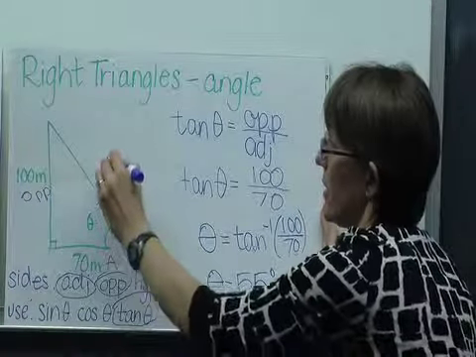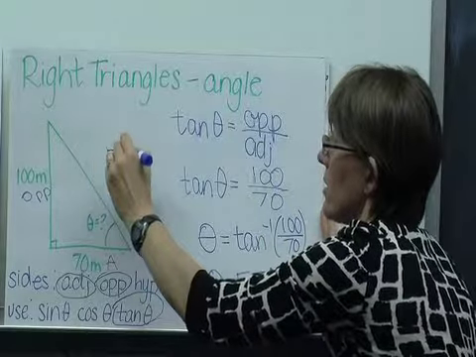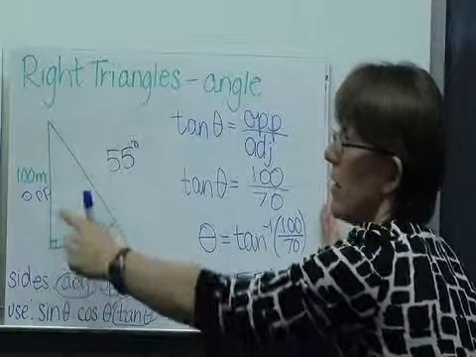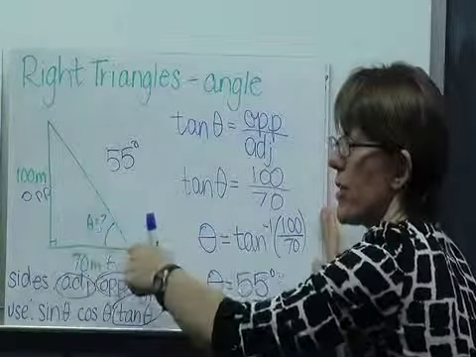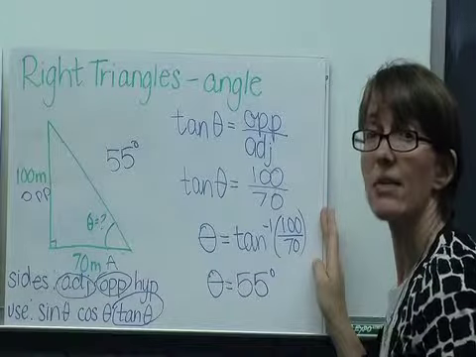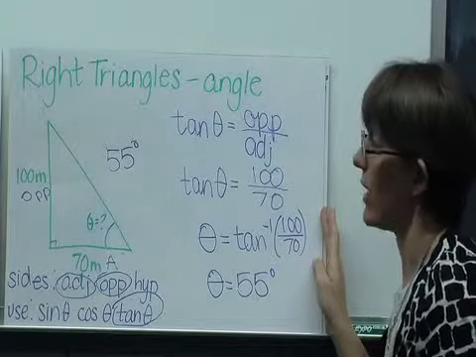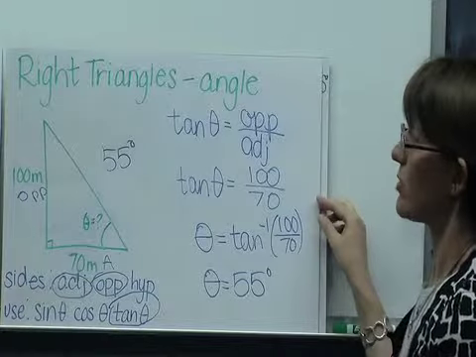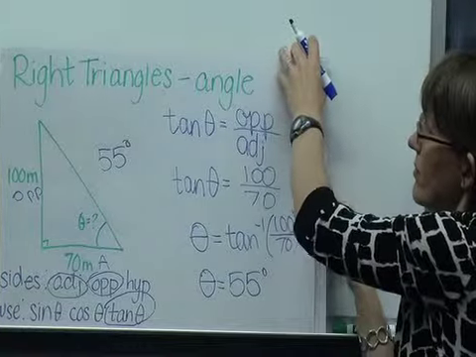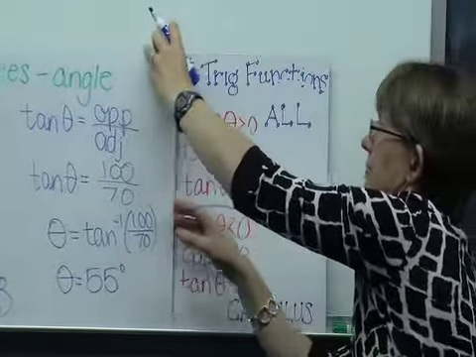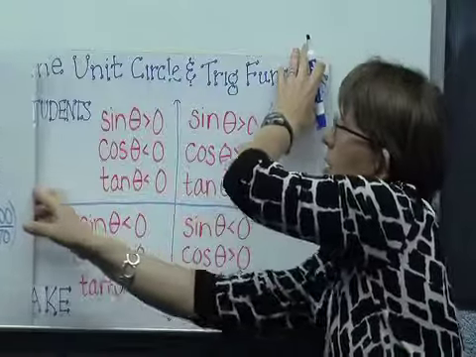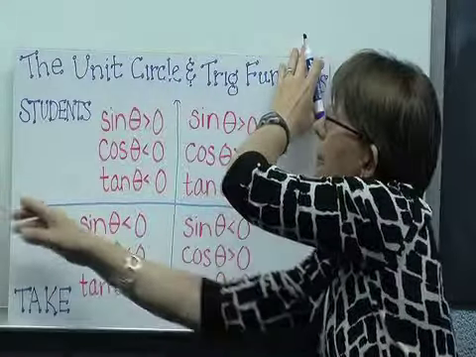And again, looking at my picture, this side is definitely larger than 70. I do expect it to be across from a larger angle. So my answer seems reasonable. Okay, so that is solving a right triangle.